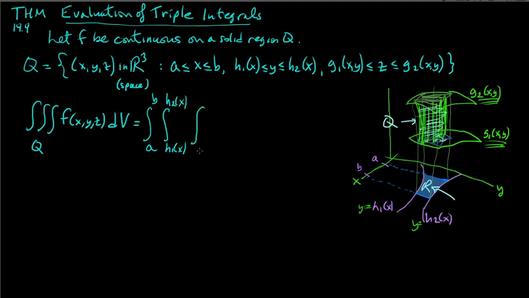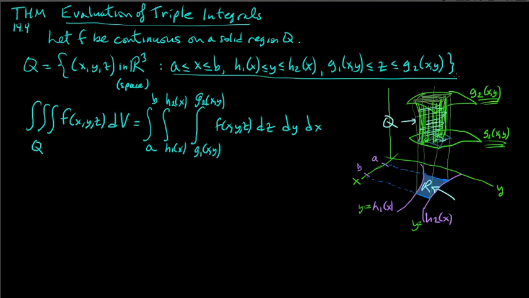And then the first integral, the most inside integral, goes between the surfaces, g1 of x,y to g2 of x,y. Right? And then you integrate your function with respect to z first, right? Then y, then x.